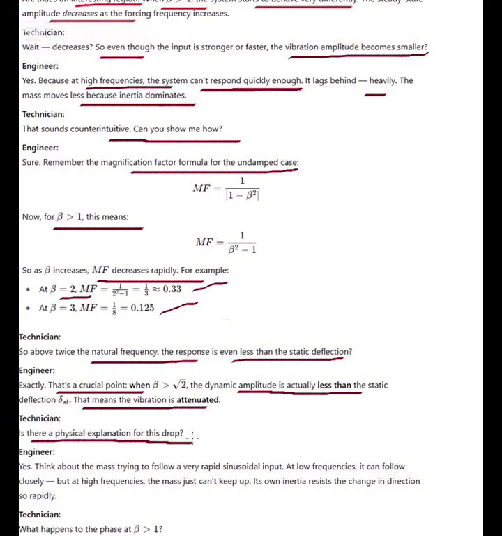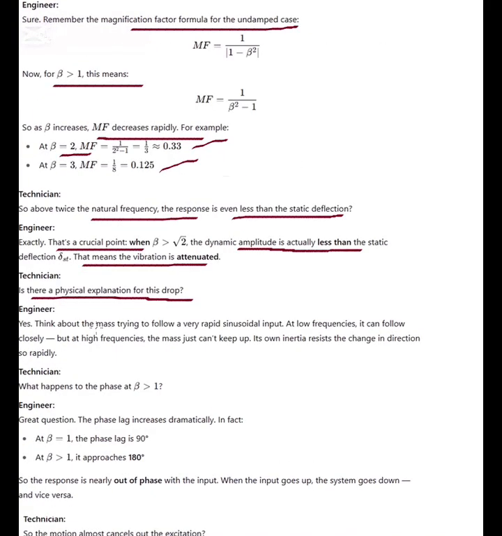Is there a physical explanation for this drop? Yes. Think about a mass trying to follow a rapid sinusoidal input. If it is a heavy mass, it cannot easily keep up with the higher frequency because its own mass resists the change in direction so rapidly, right? Its own mass resists change in direction.